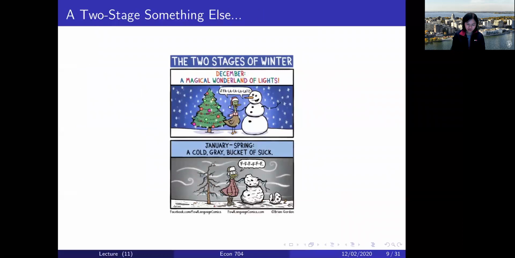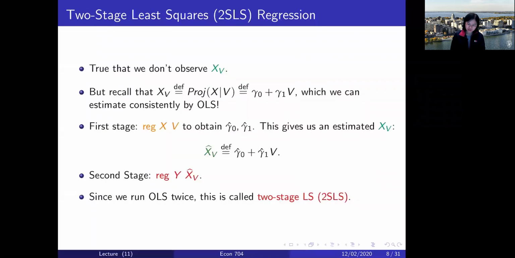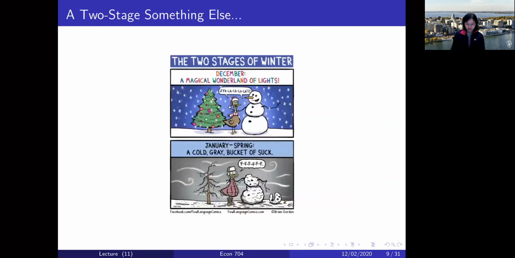So even though these two stages are useful for you to understand the two-stage least square estimator, you should not do it to actually calculate the standard error or do testing based on the two-stage least square estimator.